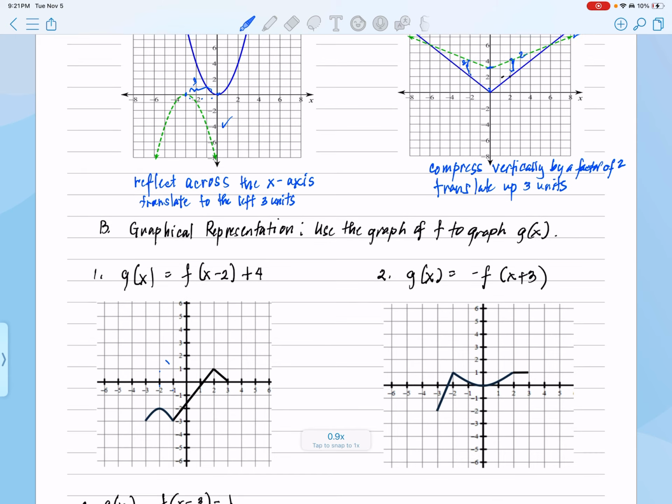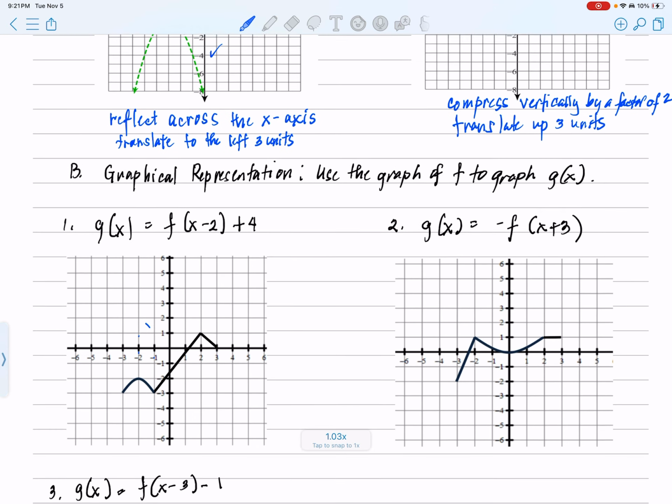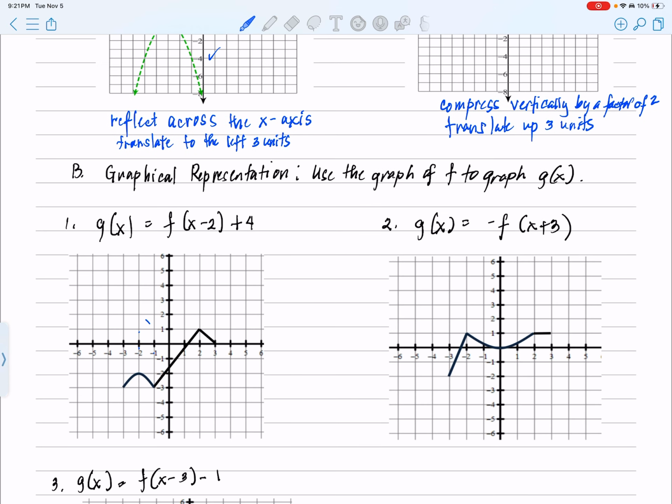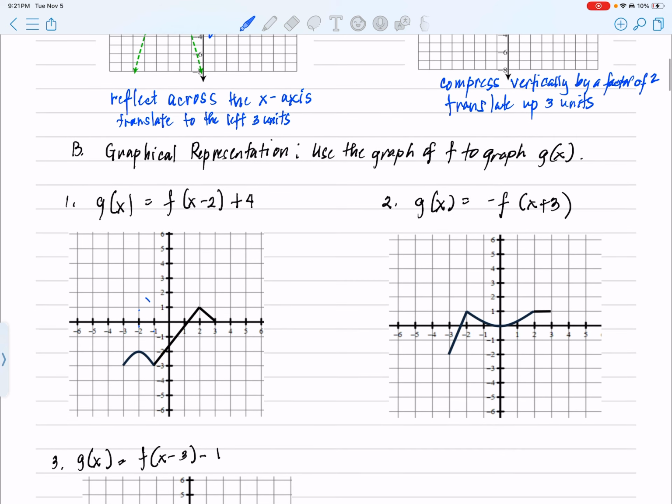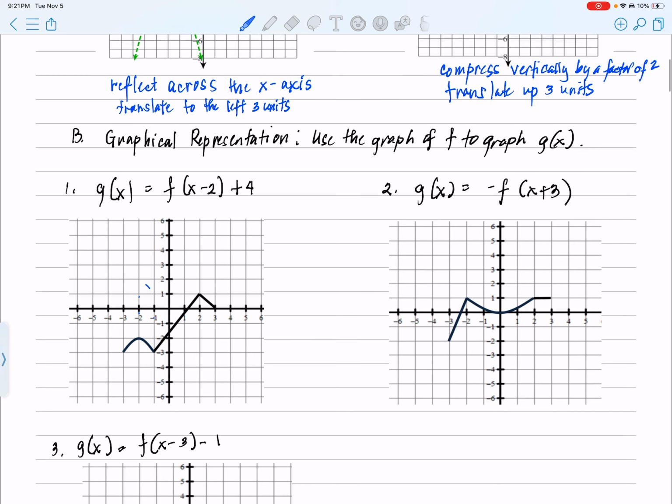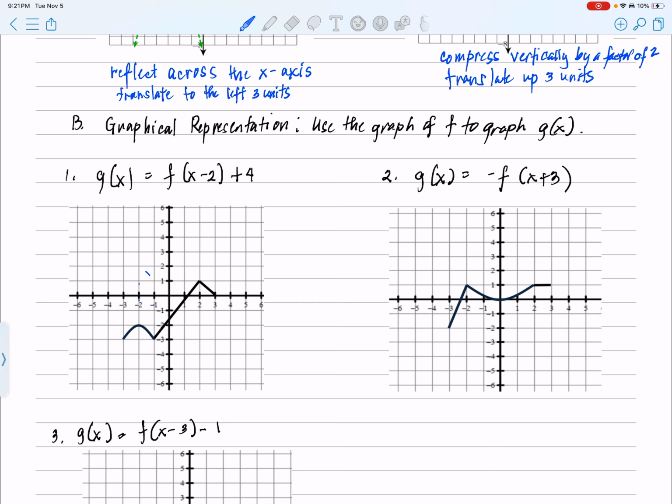Let's do the letter B. Graphical representation. So use the graph of f to graph g of x. All right. When we do this, the first thing we have to look at is there is a horizontal, because this is the x, there is a horizontal translation. That's negative. That means 2 units to the right.